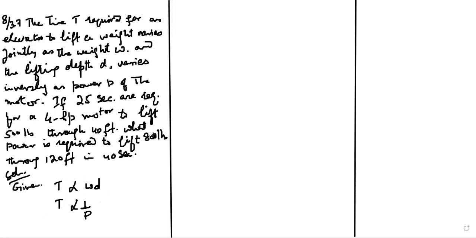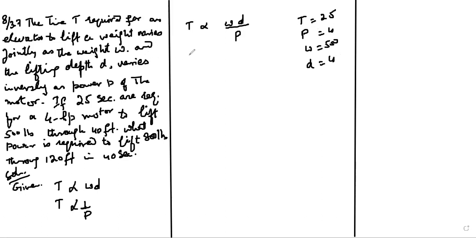So joining these, T is proportional to WD divided by P. Given values: T is equal to 25, P is equal to 4 horsepower, W is equal to 500, and D is equal to 40.